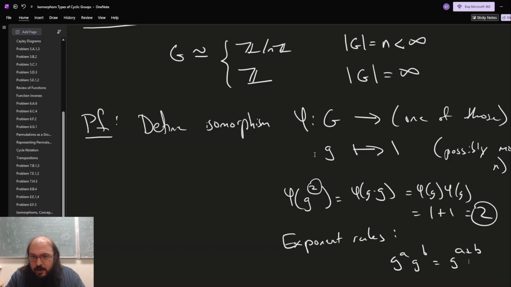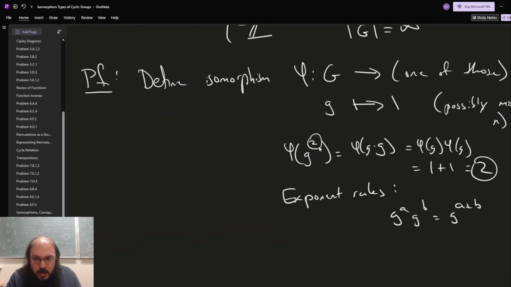And it's surjective because we are choosing this n to be exactly the same as the order, so we know that we'll always have enough elements to hit every representative of Z mod NZ, or in the case of Z, you just keep going forever anyway. So of course, every element is hit. You want to hit -9 or something, just take g to the -9 power. So in essence, this is the proof.